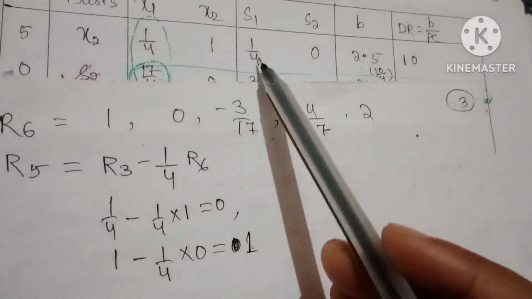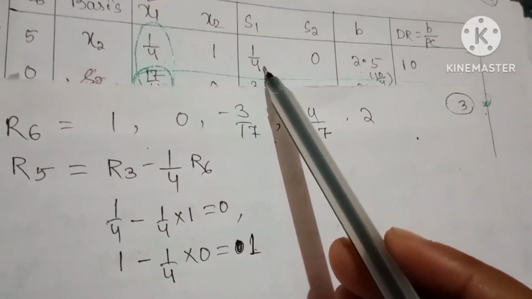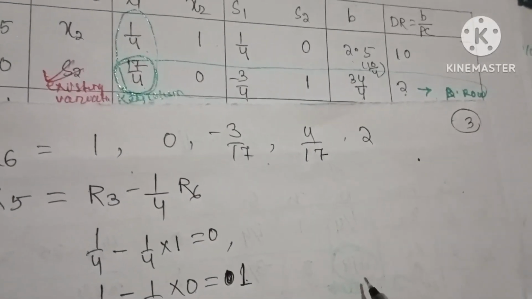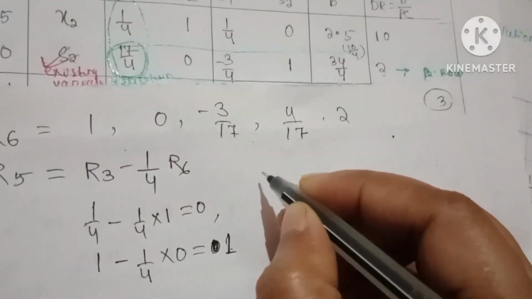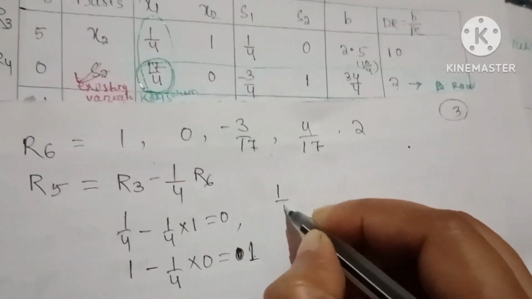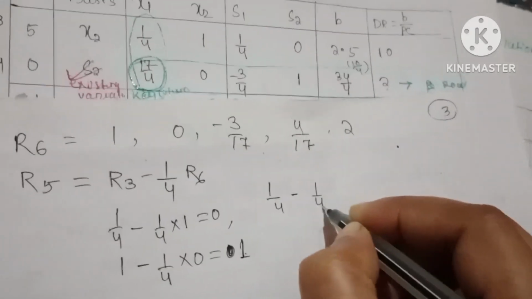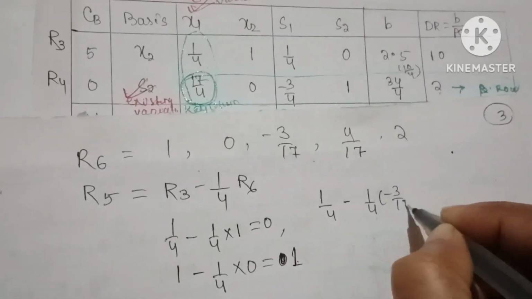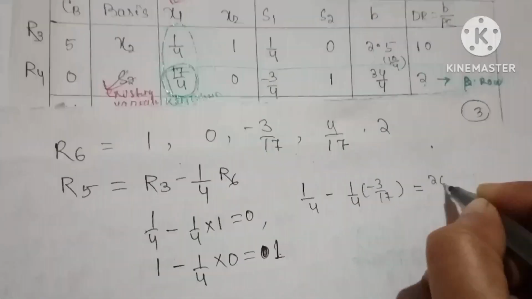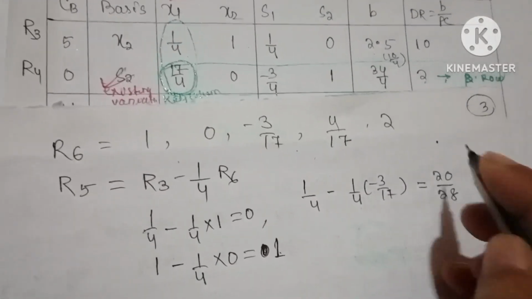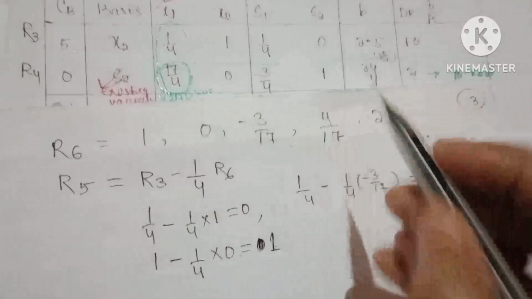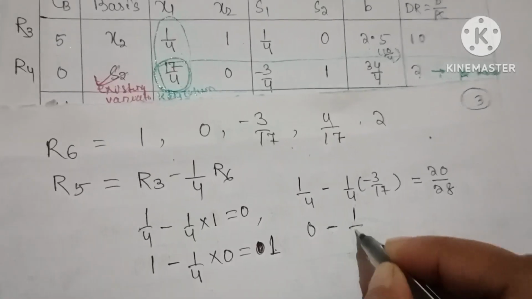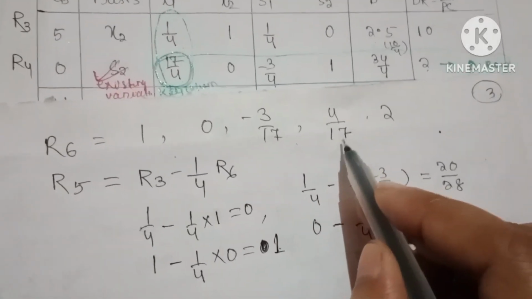The next is 1 by 4 minus 1 by 4 into minus 3 by 17, which equals 20 by 28. Then next is 0 minus 1 by 4 into the revised pivot row value, which is 4 by 17.